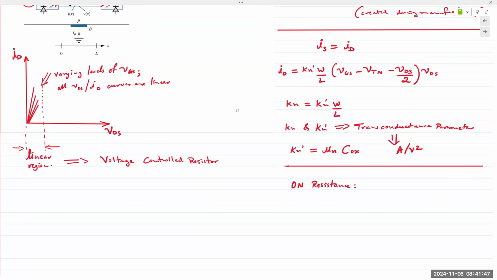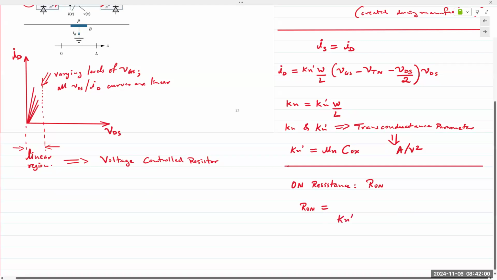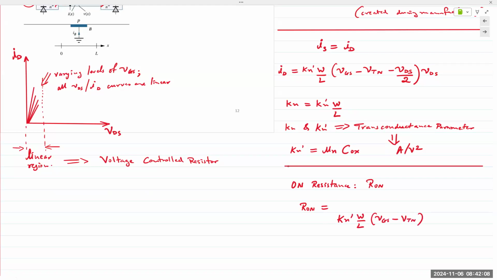And on resistance is given by 1 over Kn times VGS minus VTN.